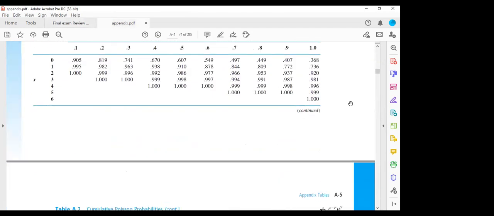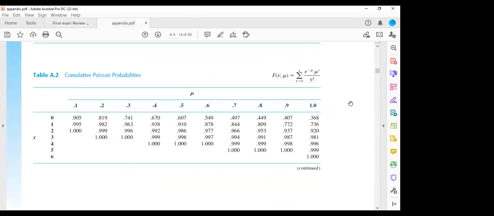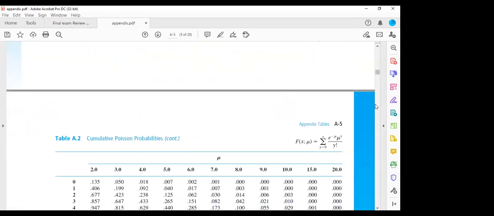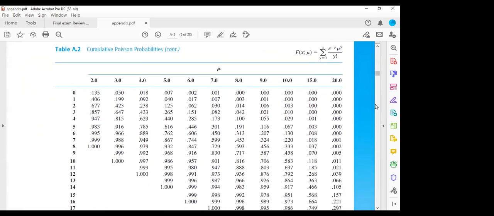Poisson. So x is 2. Your value is 2. It's not in this table here, it is in the next table. The x value is 2, your mu value is 2.